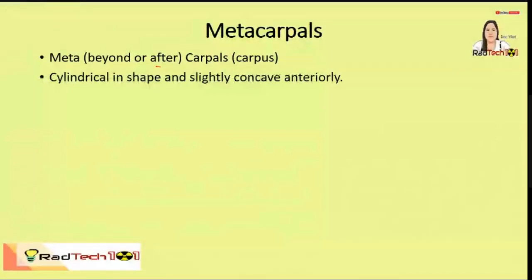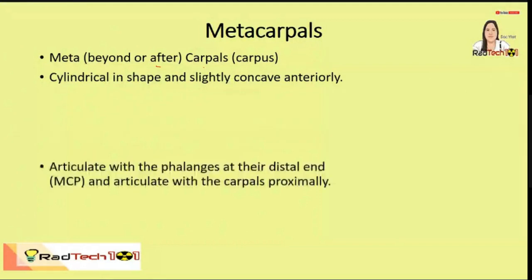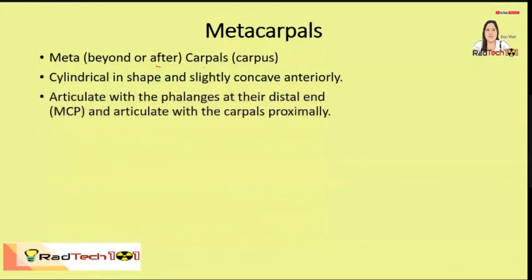Another term for carpals is carpus. They are cylindrical in shape and slightly concave anteriorly. Parang concave siya, so yan yung shape ng inyong palad. They articulate with the phalanges at their distal end, the distal end of your metacarpals.